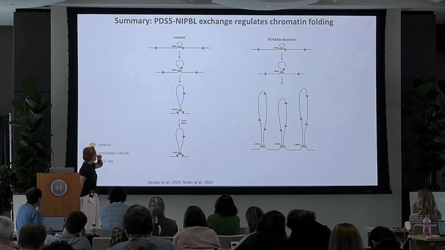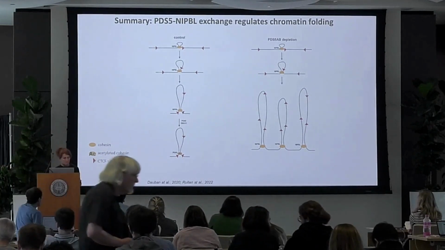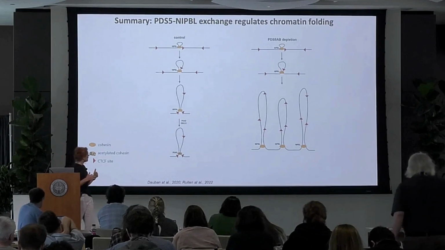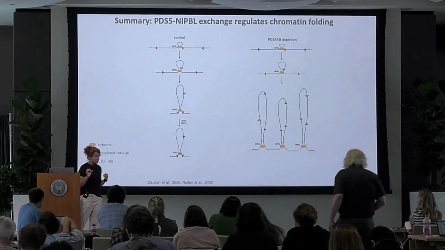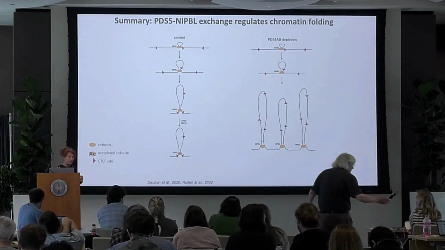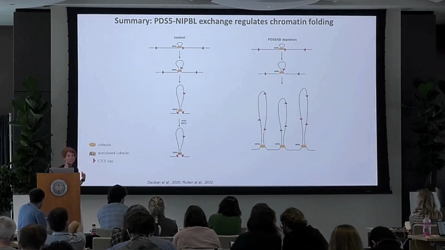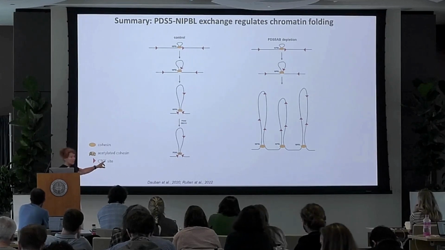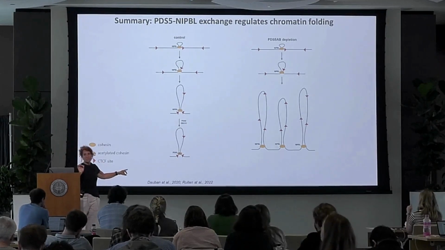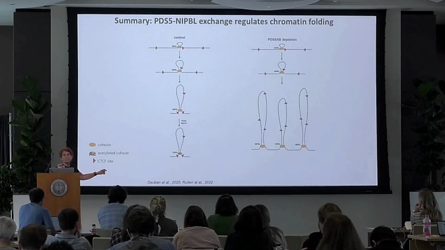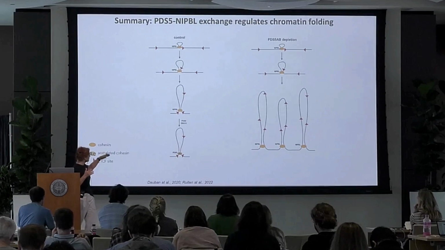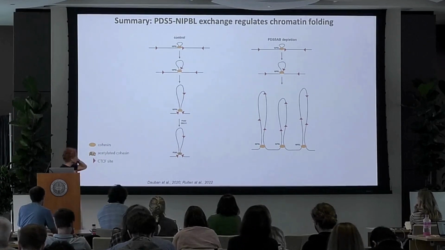Well, I don't know how the events occur. What I know is that if we deplete PDS5, loops become longer. If we lose acetylation, loops also become longer, but not as much as in the case of PDS5AB depletion, because PDS5AB is also important for release. So we get smaller loops compared to PDS5 depletion.